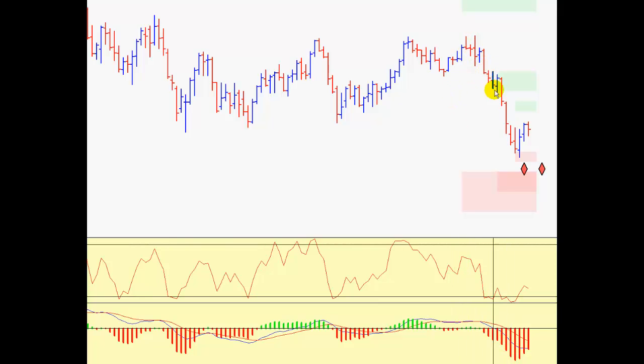We have a strong bear move in the market here, and then all of a sudden this inverted peak is followed by a shorter red line. So it's starting to turn more bullish, and you'll notice that's occurring right at the very bottom here.